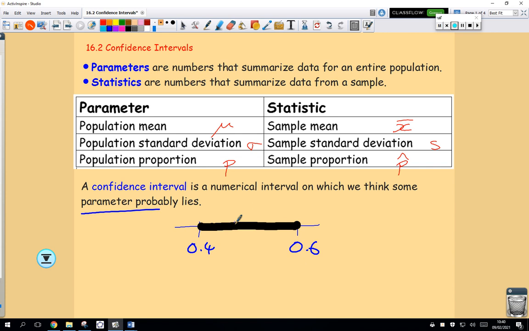So a confidence interval is a numerical interval, an infinite collection of numbers with a lower limit and an upper limit, on which we think some parameter probably lies. Some characteristic of the population, maybe the proportion, maybe the mean. In this class, I'm only going to be talking about confidence intervals for the proportion.